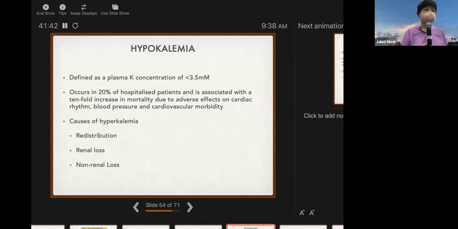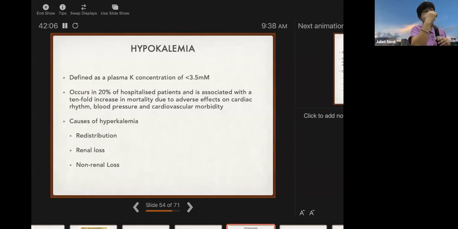The causes of hypokalemia are either redistribution, renal loss, or non-renal loss. Redistribution, especially if the patient is asthmatic and keeps on puffing beta agonists because he's having an asthma attack.